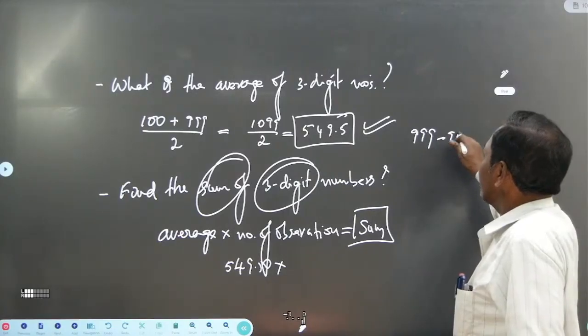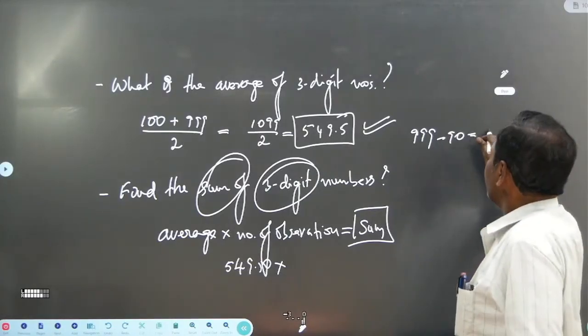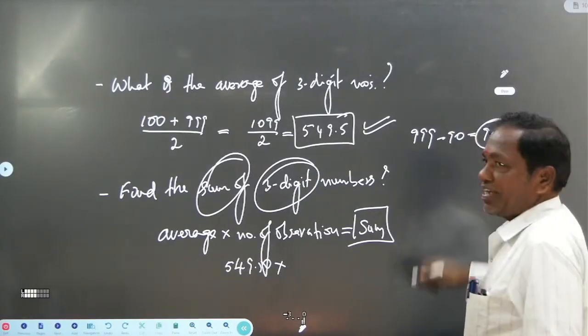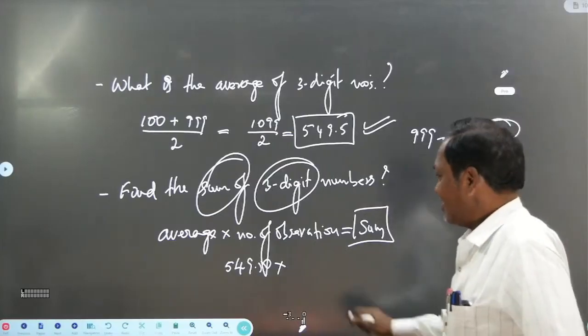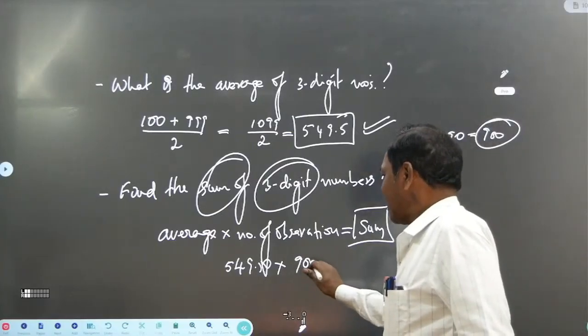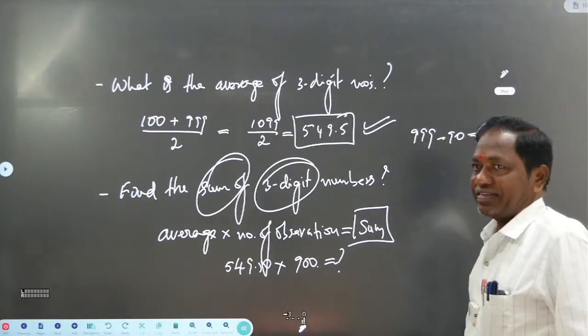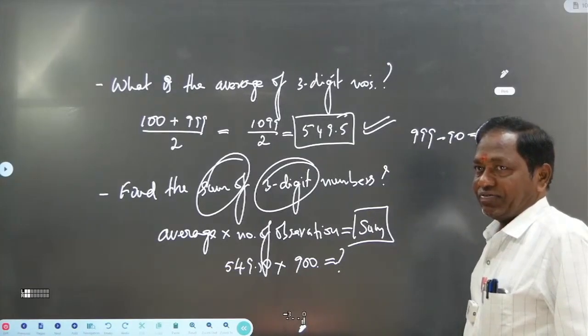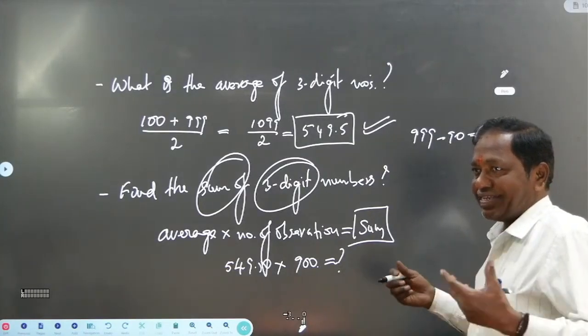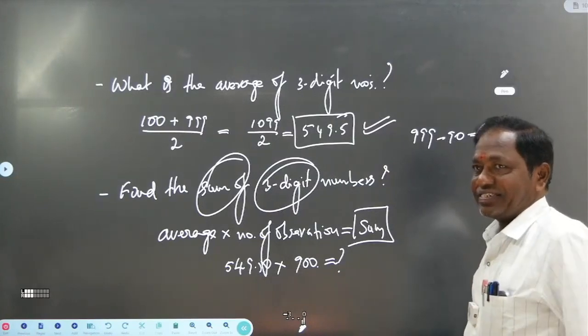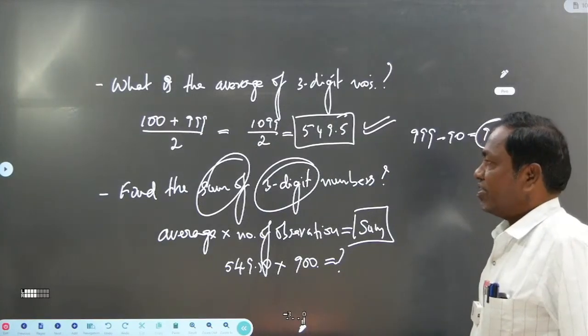Minus 2-digit numbers. So 900. So this is 900. Because every chapter is interconnected, interrelated. It's like that.